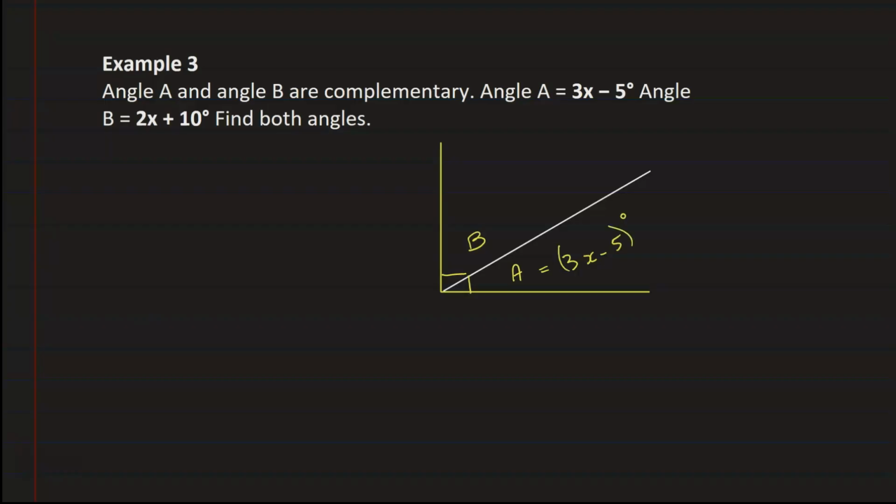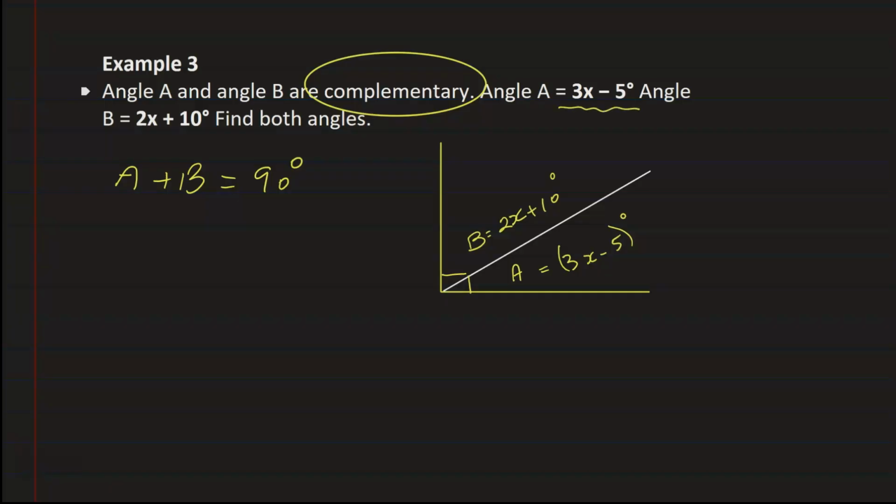And then angle B is 2x plus 10 degrees. And in the diagram that you see, it's complementary. Two angles you add up. So angle A plus angle B, you add up, you should get 90 degrees. Okay, now the question is find the two angles, but remember that these angles are written in terms of the variable x.